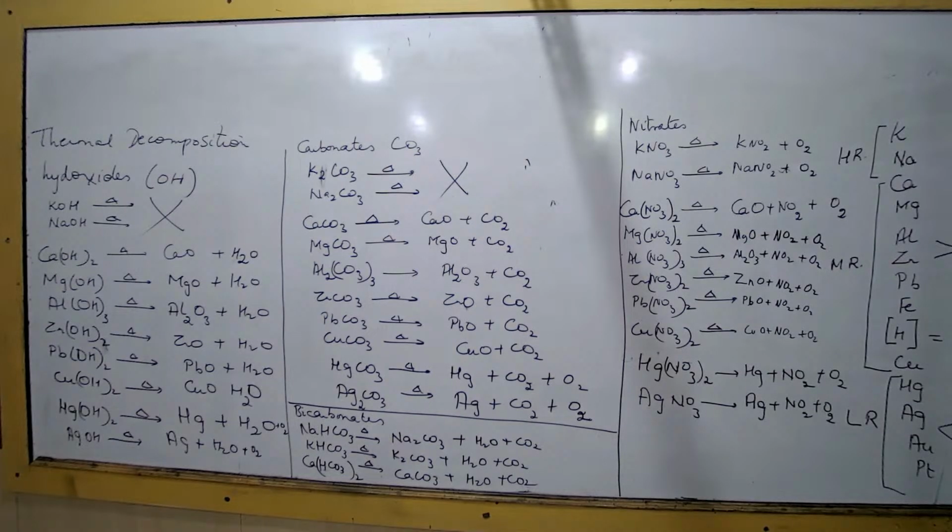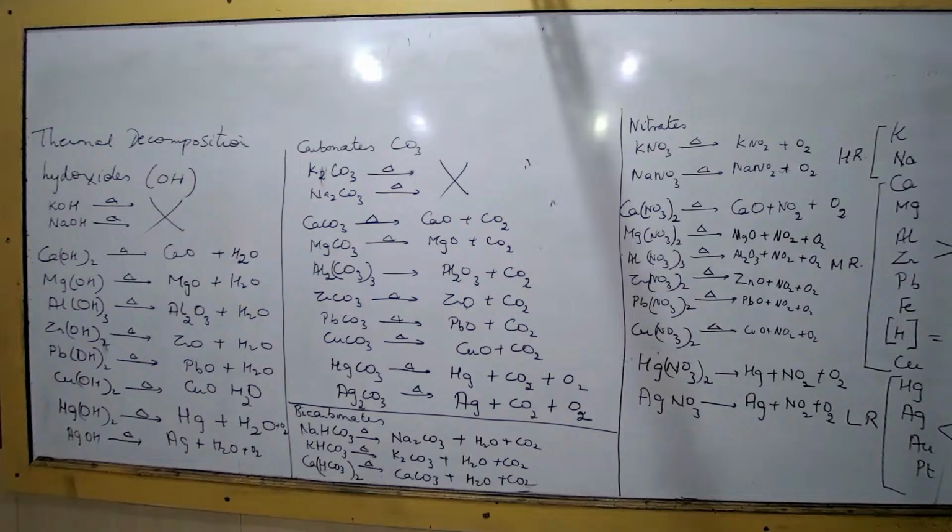Is this clear? Suppose you take zinc carbonate and you heat it. What do you think we get? Look at the board, look at my face. Let him answer. Zinc carbonate is white in color.